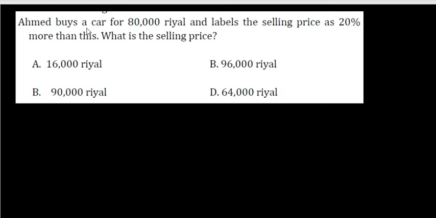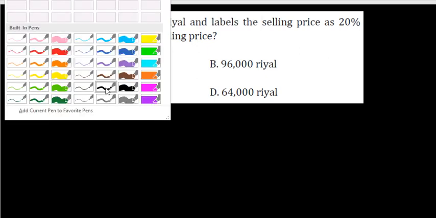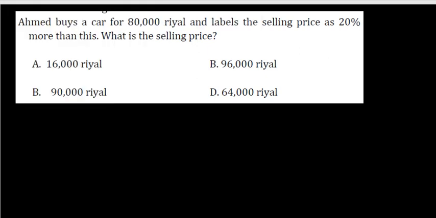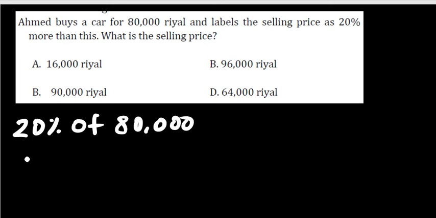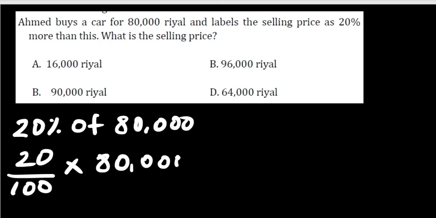This time we need to calculate the 20% of the 80,000. Let's do that first. That means 20% of the 80,000 means 20 over 100 will be multiplied with 80,000. When you do that, you can cut 2 zeros here, and 2 times 8 will be 16.